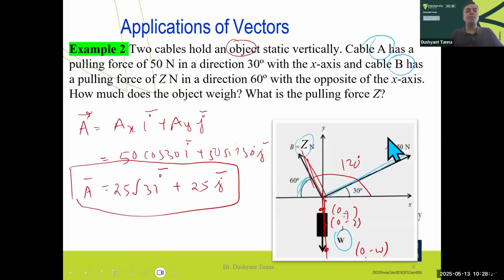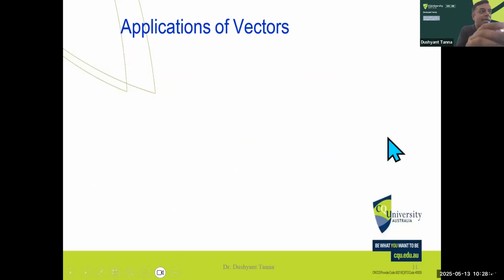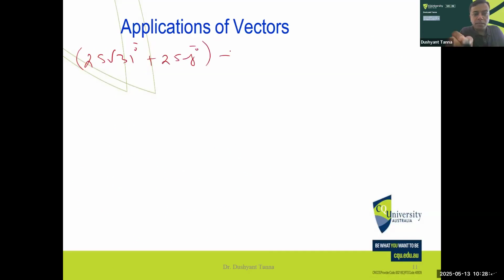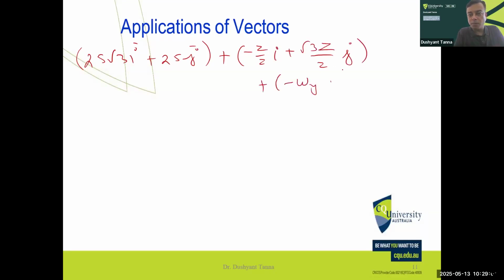Now plugging in the values, what is our A? A is 25 root 3 I plus 25J. B is minus Z over 2 I plus root 3 Z over 2 J. And this one is simply minus WyJ.